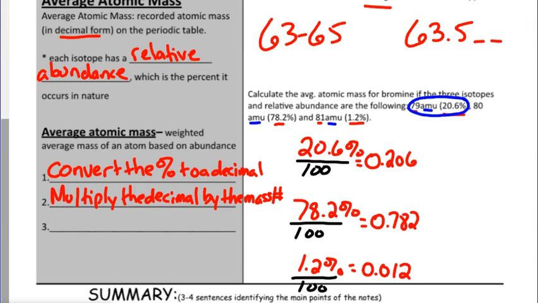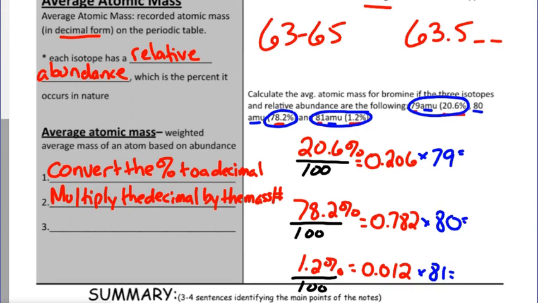So we're going to say 0.206 and multiply that by the mass from that original percentage, 79, and then 0.782, multiply that by, oops, not 79, by the mass that's connected to it: 78.2% had a mass of 80. And the last one, this 1.2%, had a mass of 81. So we'll get a couple of calculations going here.